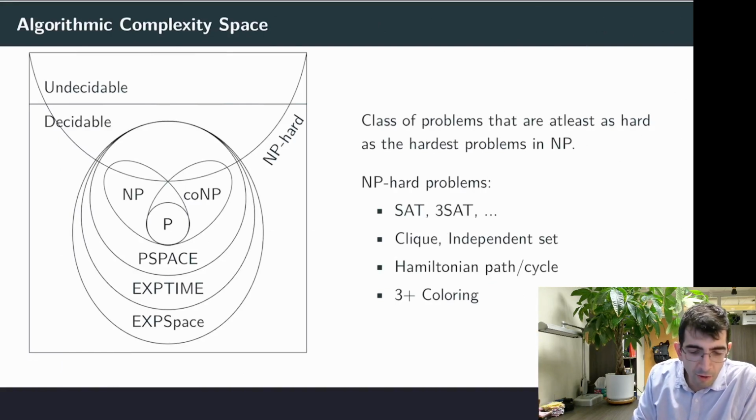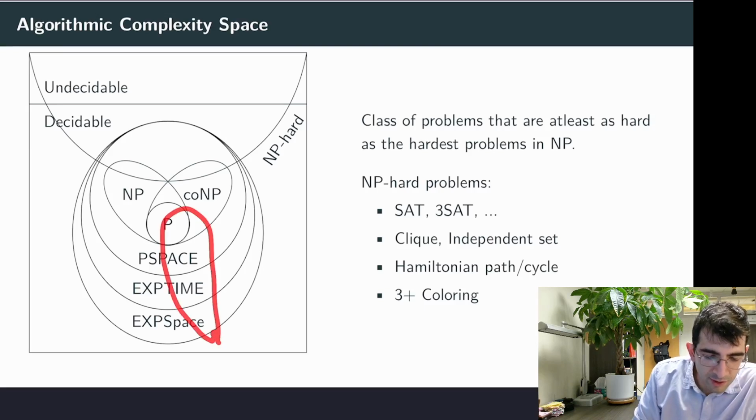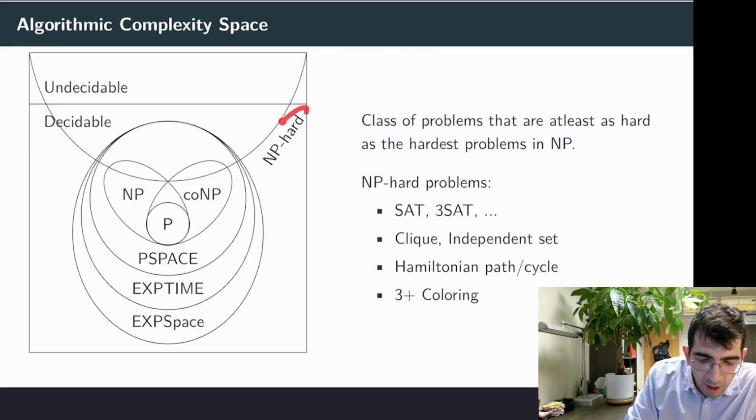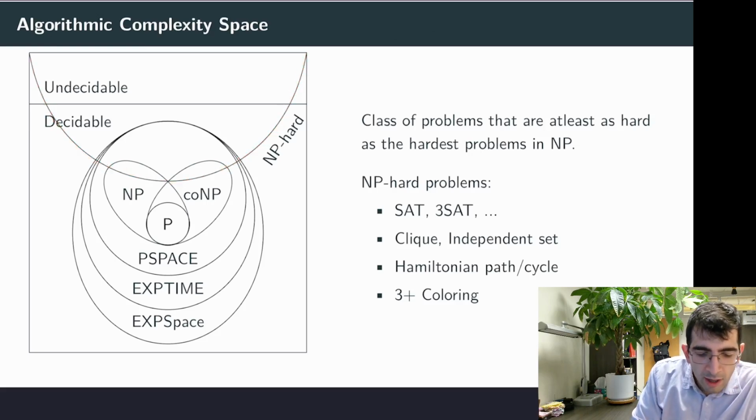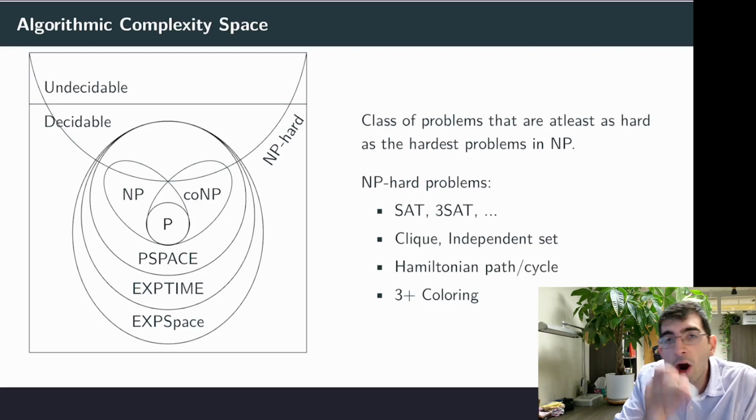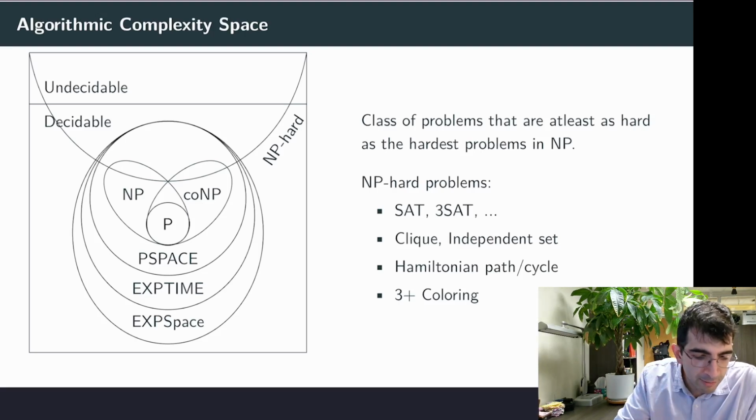Okay, so NP hard is not actually like these other complexity classes. This dash hard simply means that the problems in this area are as hard as the hardest NP problems. It doesn't mean that they're part of NP.